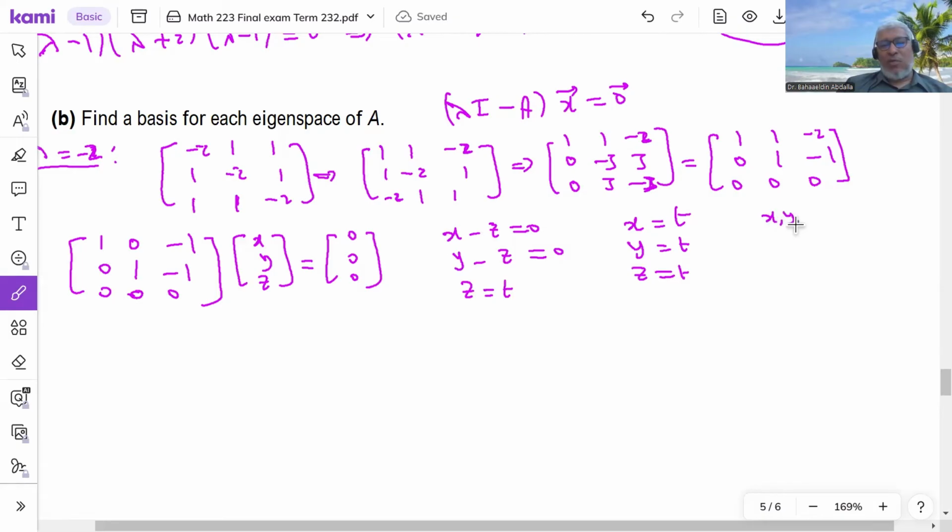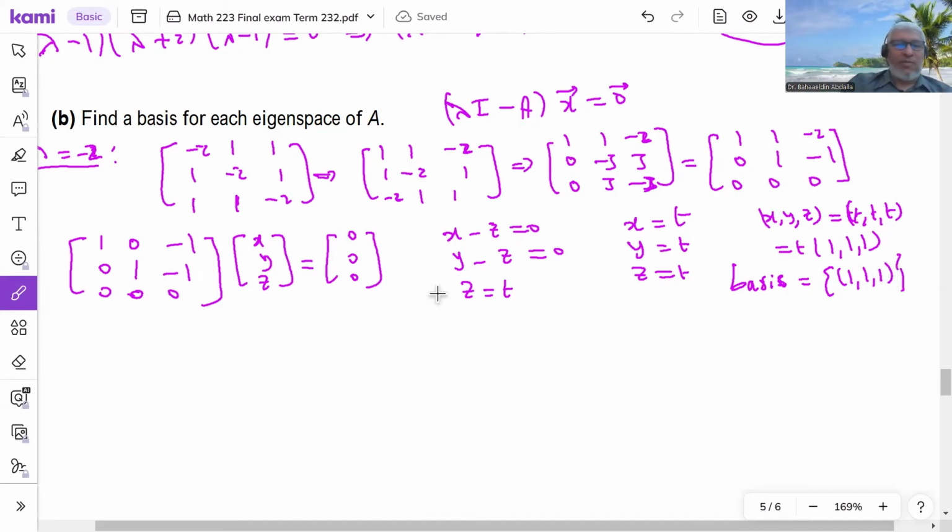So x, y, z would be equal to t, t, t. And if you take t as a common factor, you will have t times 1, 1, 1.